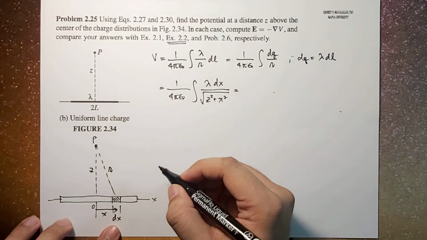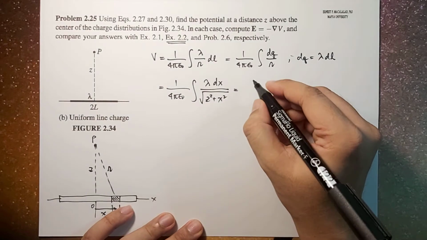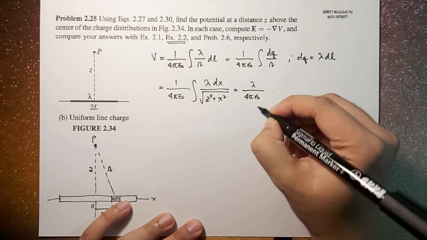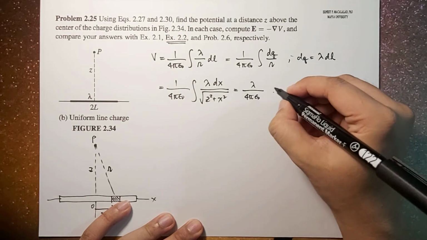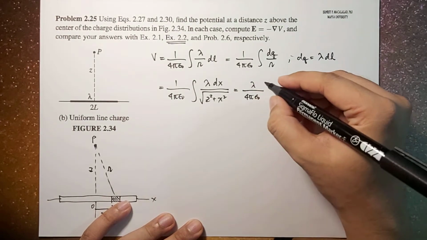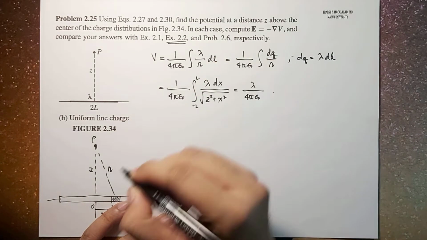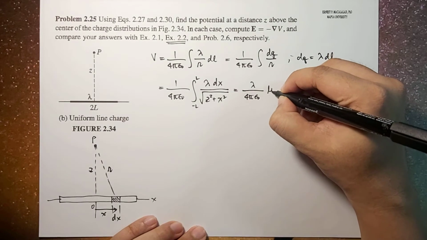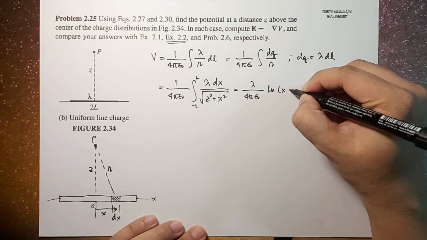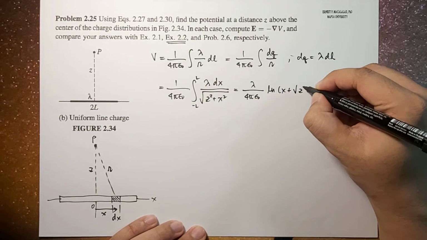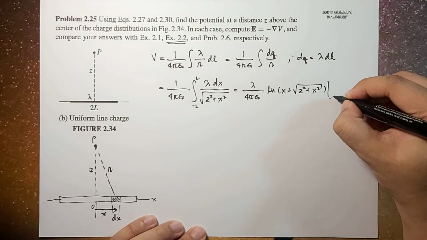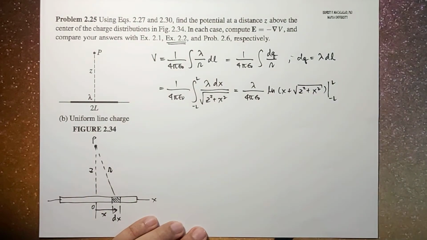So this will now yield lambda over 4 pi epsilon naught, from negative L to L, natural logarithm of x plus square root of z squared plus x squared, then we evaluate from negative L to L. You can just take the integral at your own time.